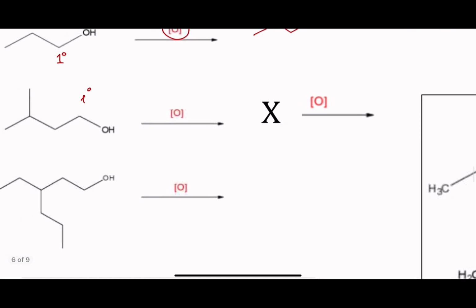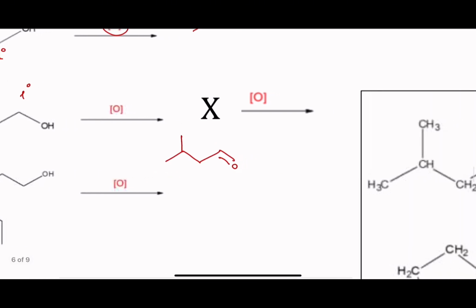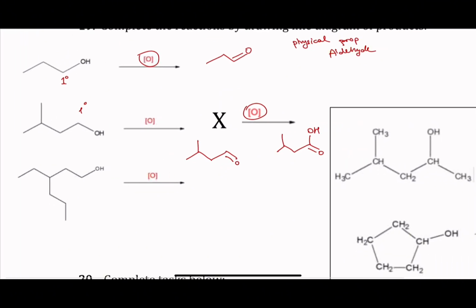I need to make an aldehyde again. And from aldehyde, I will be making one more oxidation, which is where I'll be making carboxylic acid. Now, there you go, you have the carboxylic acid. So this is the product, and then whatever the product is in here is that.